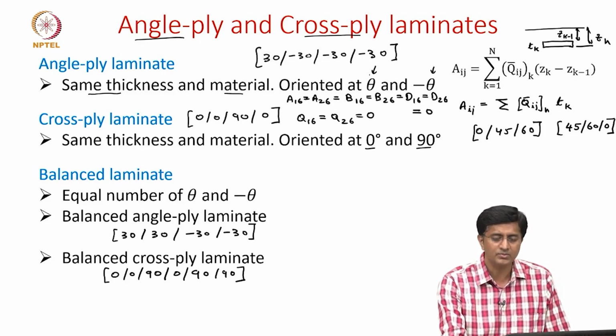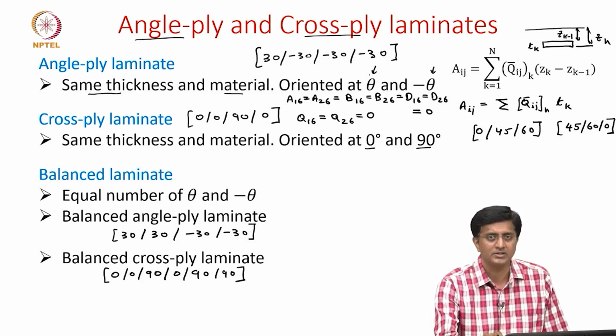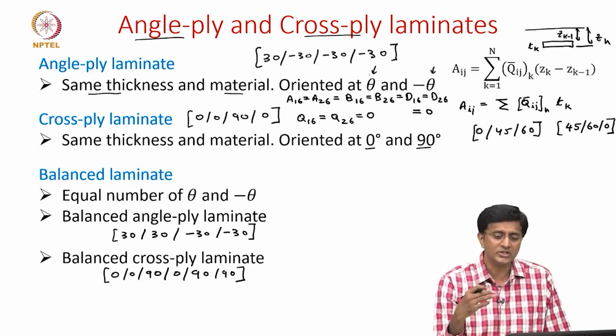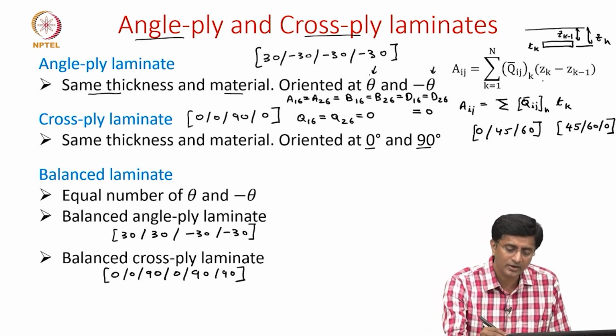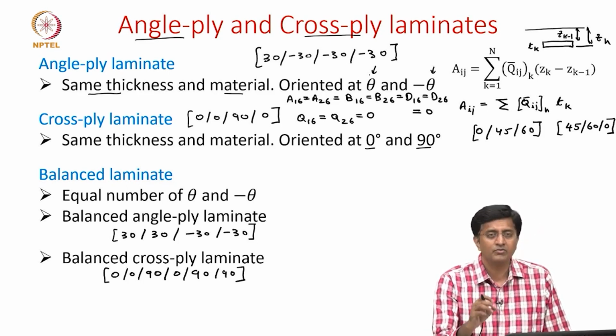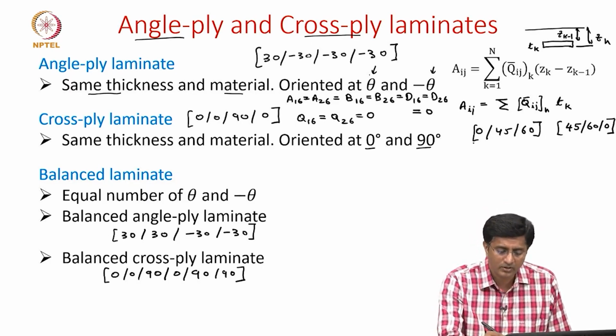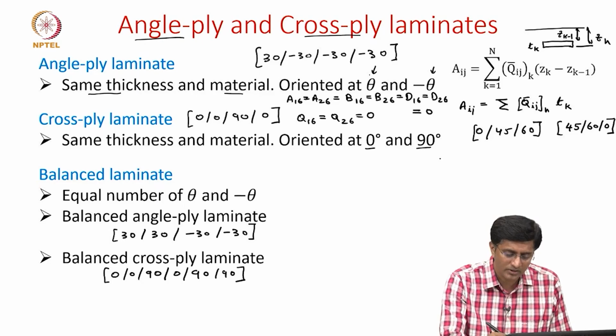The answer is yes, because if we look at this expression for A, it is the summation of the Q matrix times the thickness. So where does the sequence come into this expression? The sequence comes in by taking care of this Zk minus Zk minus 1, but since we are simply replacing it with the thickness, it doesn't matter. For example, in the first case, how can we write the A matrix?